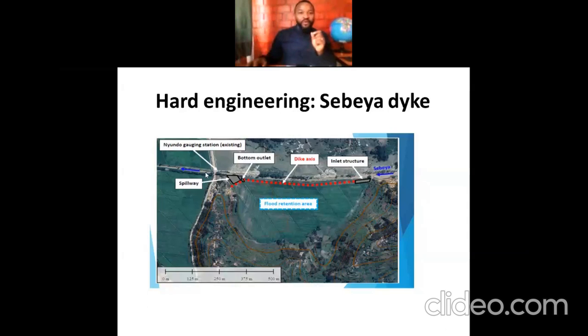So it's a way of increasing time lag and keeping the discharge low for a long period of time.